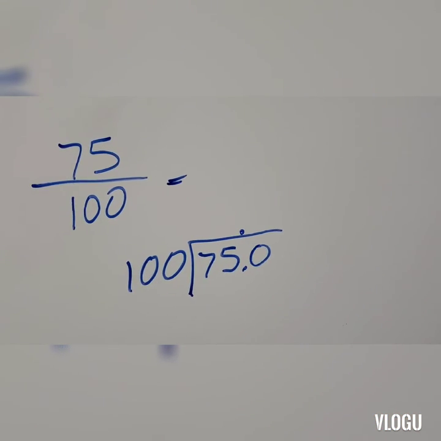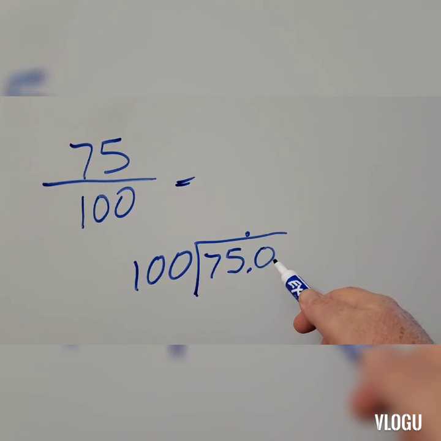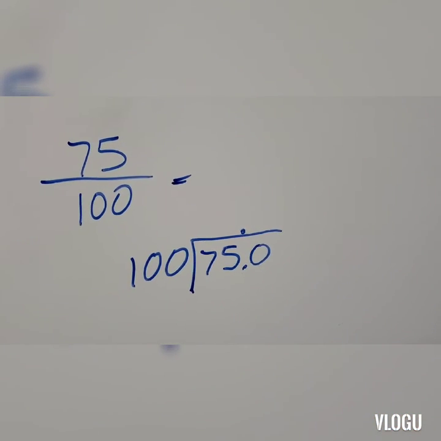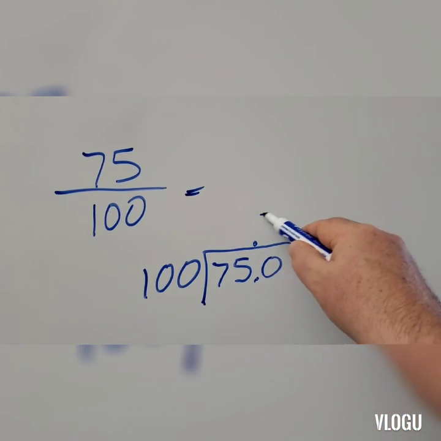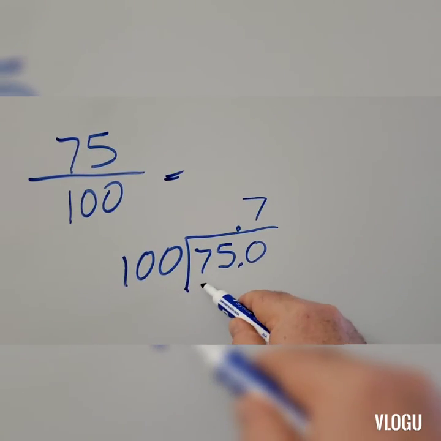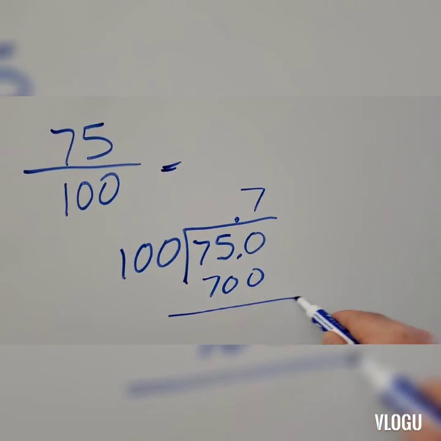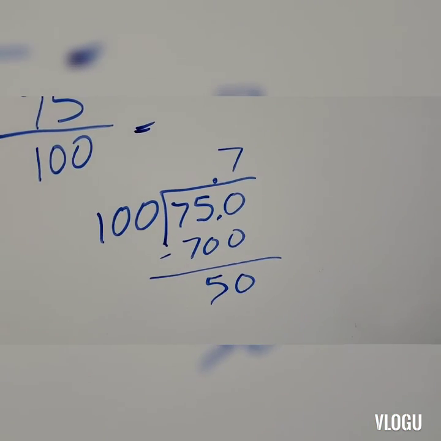But if I added a 0 here with my decimal, I can say 100 will go into 750 about 7 times. 7 times 100 is 700. Subtract, and I have 50.